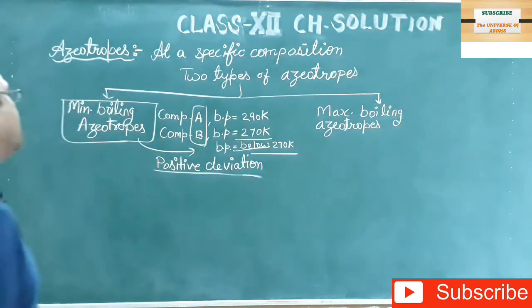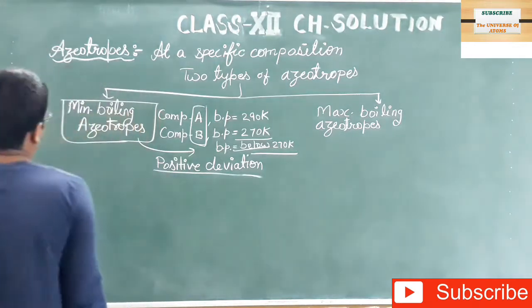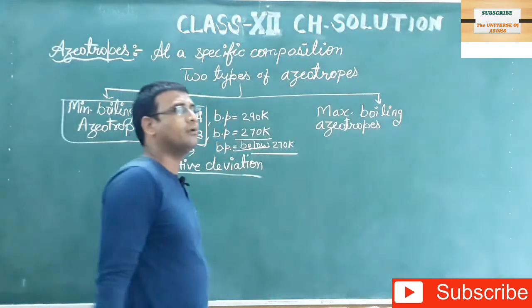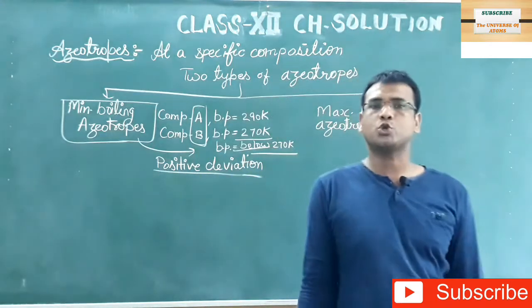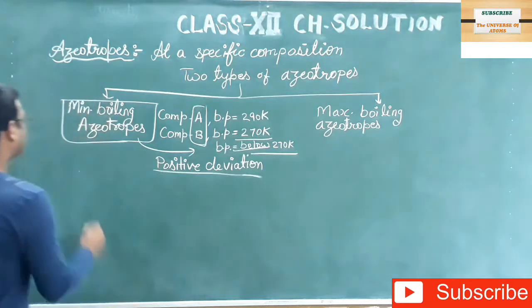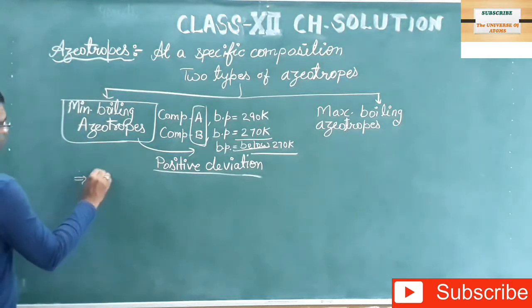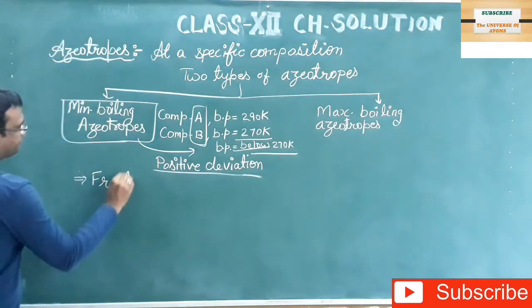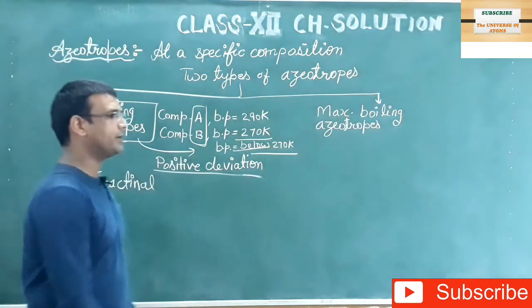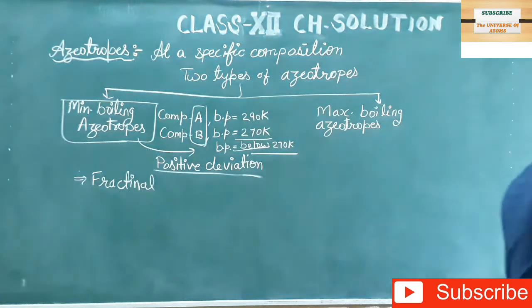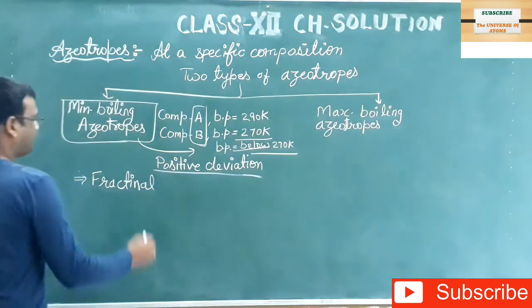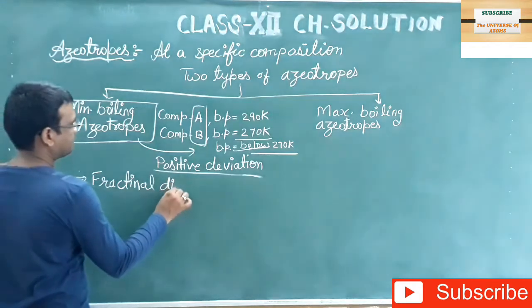Now the example is also important for us. The components of this azeotrope cannot be separated by fractional distillation.